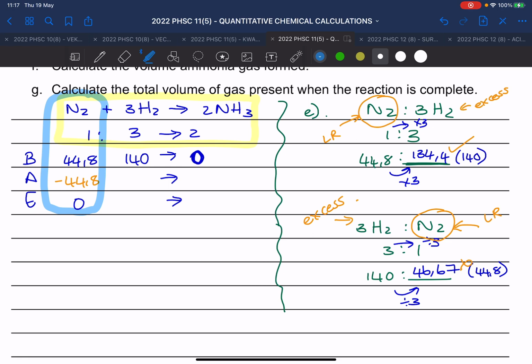Okay. Now, how much will we delete here? We are going to use 134.4. Because if we use 44.8, we're going to use so much of that, so we use minus 134.4. Okay, and the mole ratio here is 1 to 2. So how much will you get there?